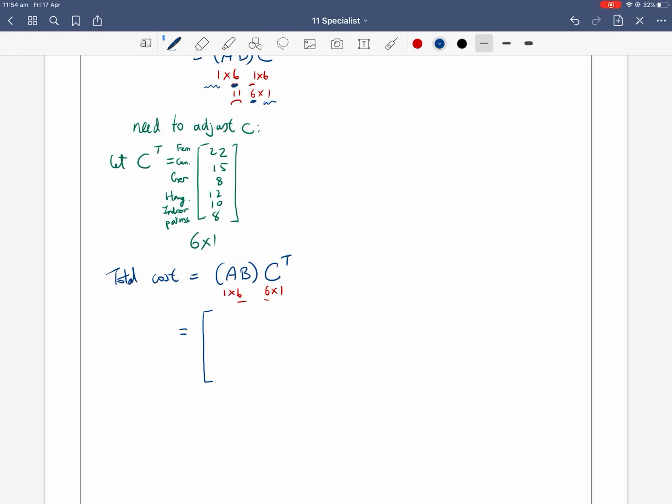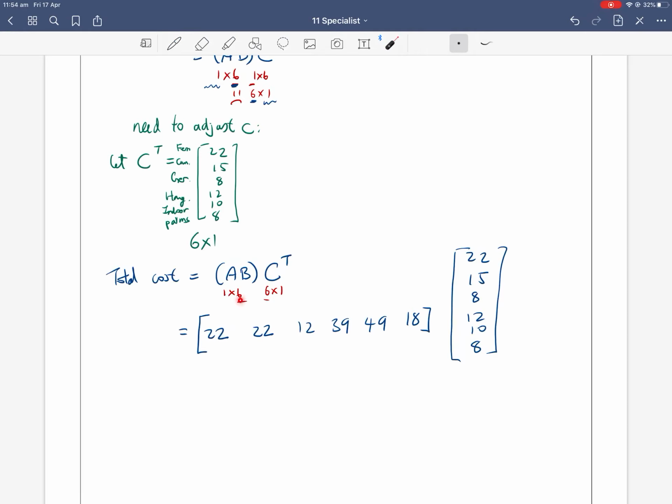So matrix AB looks like, let me find it again. Oh, sorry, it was a 1/6. So it looks like 22, 22, 12, 39, 49, 18 by a C transpose, which is a 6x1, 22, 15, 8, 12, 10, and 8.